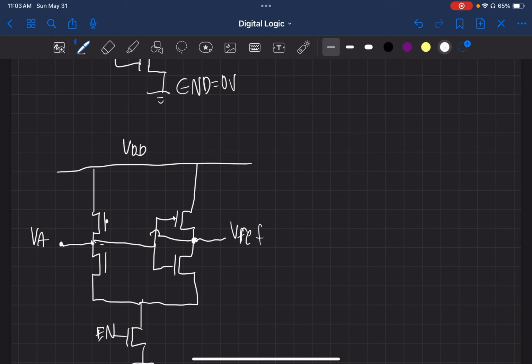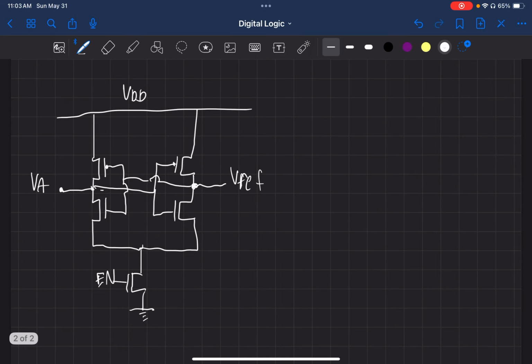And so we're going to hop over that and connect it to the gate here, hop over that, go into the gate there. So from a high level, we're feeding the output of one inverter to VREF, and we're using that as the input to the other inverter, to VA.